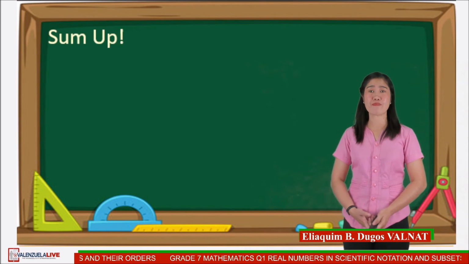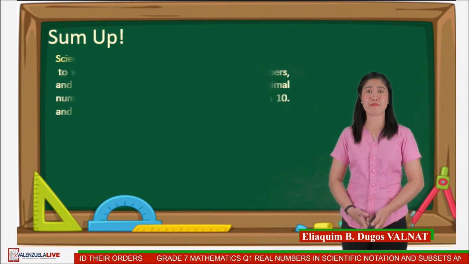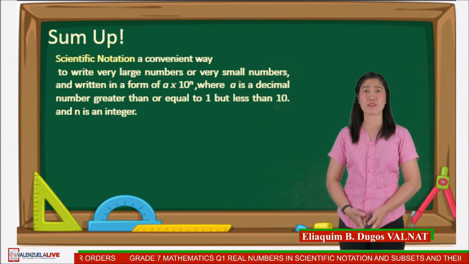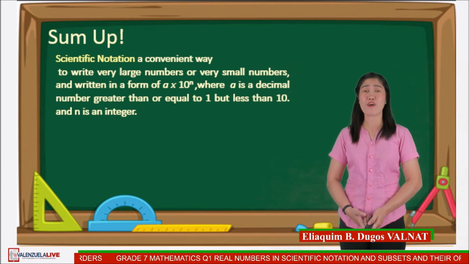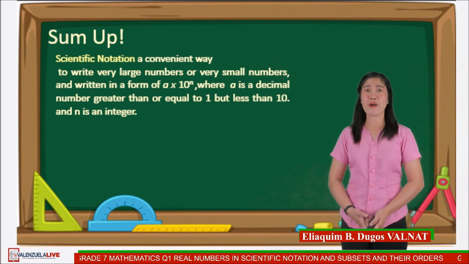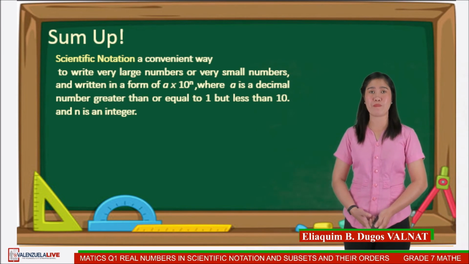To sum up our discussion today, scientific notation is a convenient way to write very large numbers or very small numbers, written in the form of a times 10 raised to n, where a is a decimal number greater than or equal to 1 but less than 10, and n is an integer.